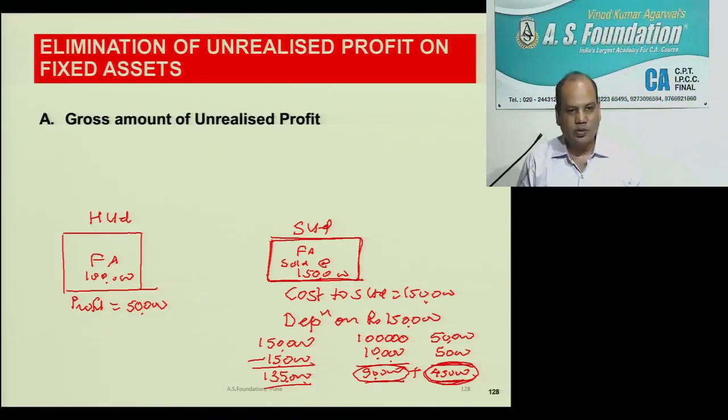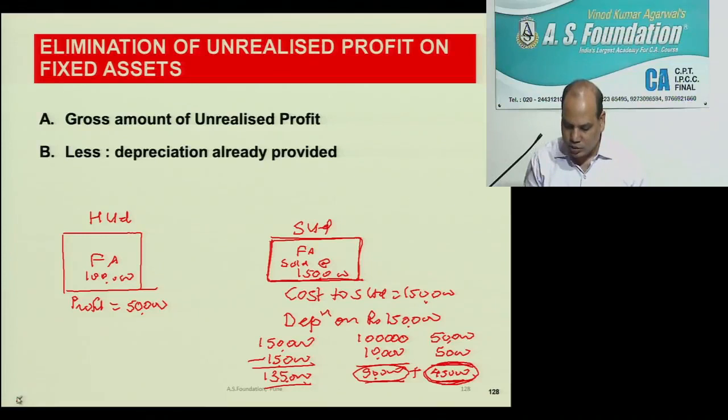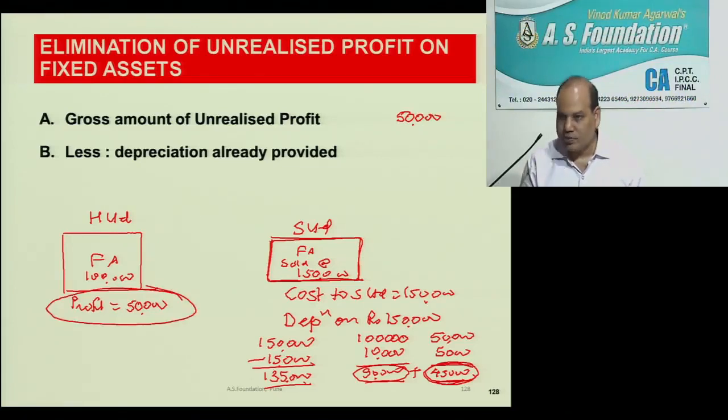So how do I reach that magic number 45,000? By following these A, B, C, D, E, F steps I have written. First you will write the gross amount of unrealized profit, which in our example is 50,000. Less depreciation already provided, which in our example is this 5,000. Not the entire 15,000.